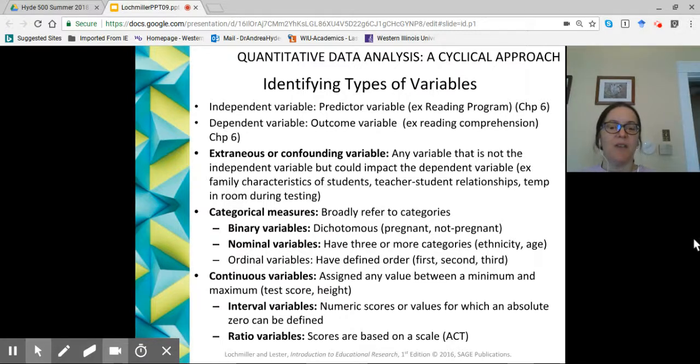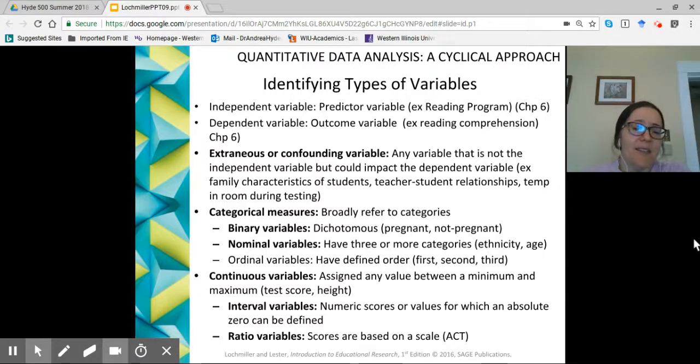Nominal variables have 3 or more categories. A binary is always 2. When you get to 3 or more, it becomes nominal. So maybe gender is more appropriately referred to as nominal: male, female, and intersex, or genderqueer, or whatever option for none of the either two.